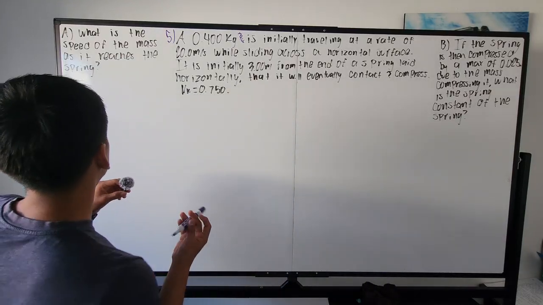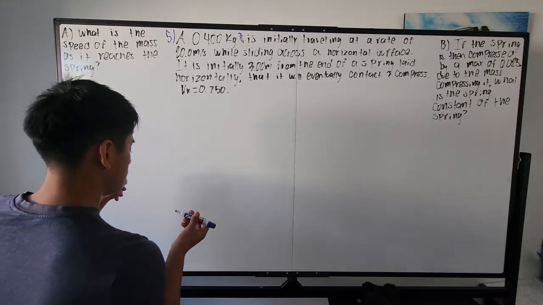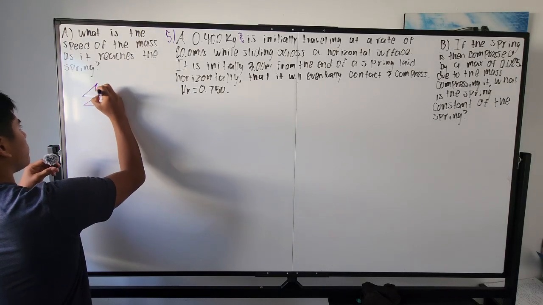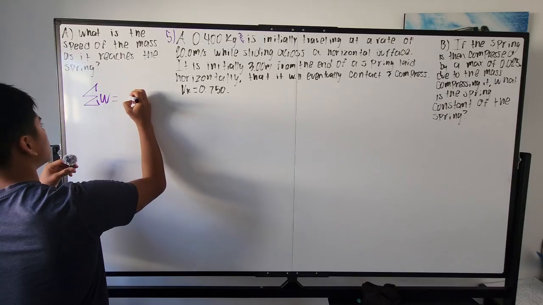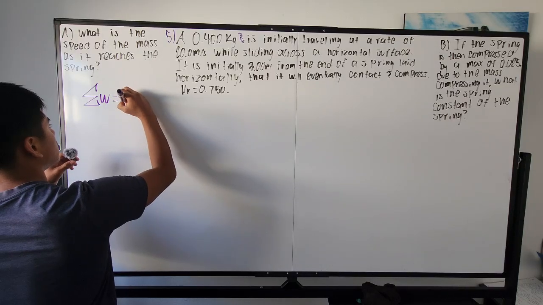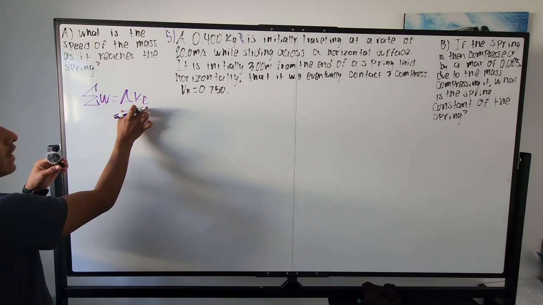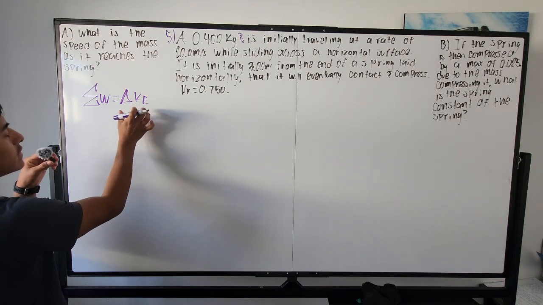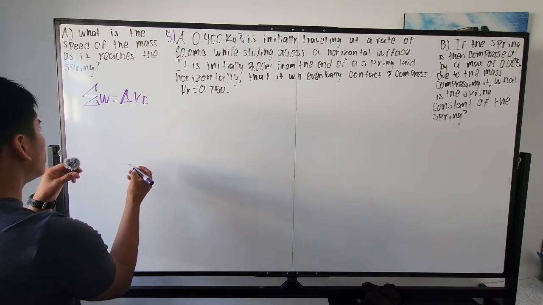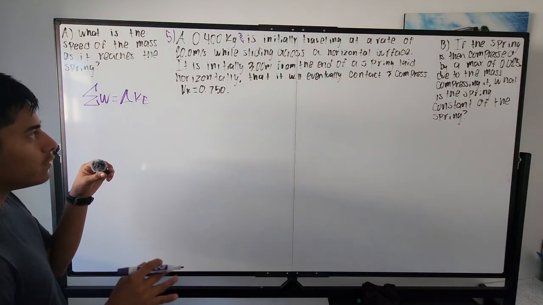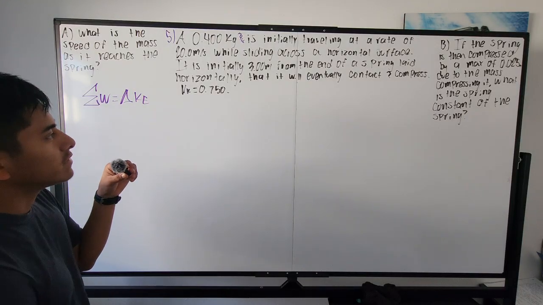To solve this one, first, I'm going to write the work energy theorem. So the sum of all the works is going to be equal to the change in kinetic energy. The change in kinetic energy has our final velocity, so that's why I'm starting off with this. The sum of all the works, the only force here that's going to be doing work is the force from friction.